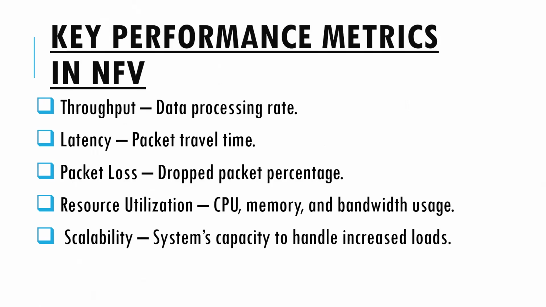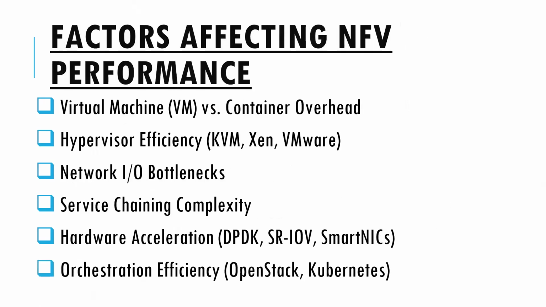Resource utilization is also low in NFV as there is not much need of CPU usage. Memory is required less and bandwidth is used properly, and its scalability is very high as NFV handles increased traffic or users.